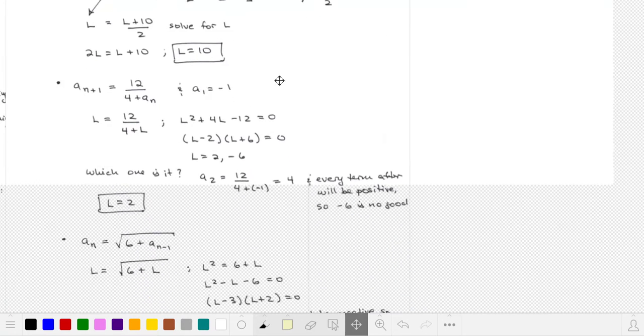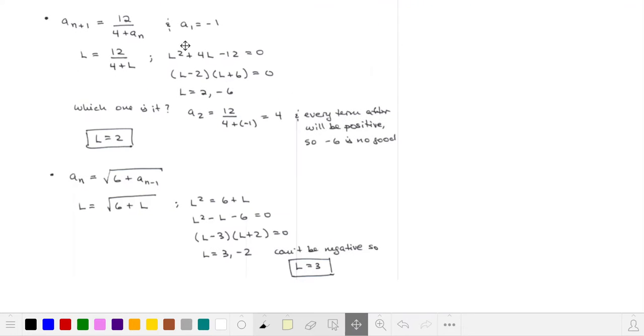Okay, let's do 2 more examples. One where I have to solve a slightly more complicated algebra problem. So here's my recursively defined sequence, and I'm given a first term. I have to be given a first term, as it turns out, to tell which of these 2 limits is going to be correct. So the first term in the sequence is minus 1. Now I do the same thing.